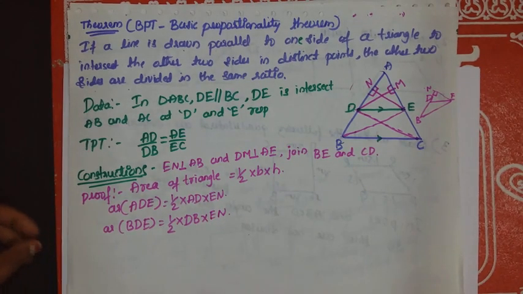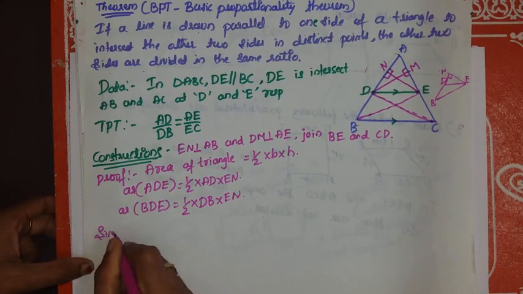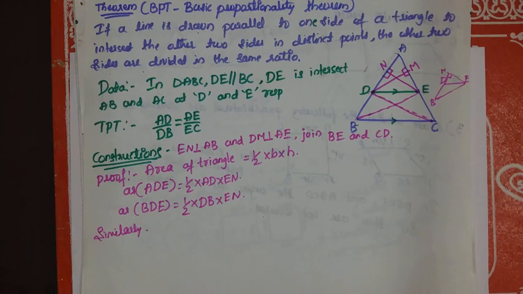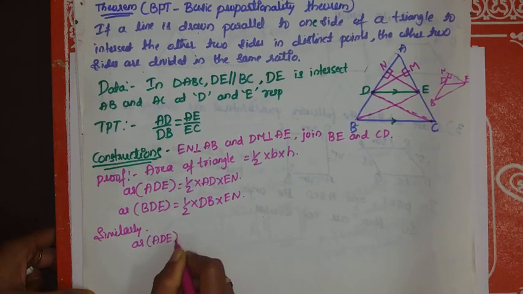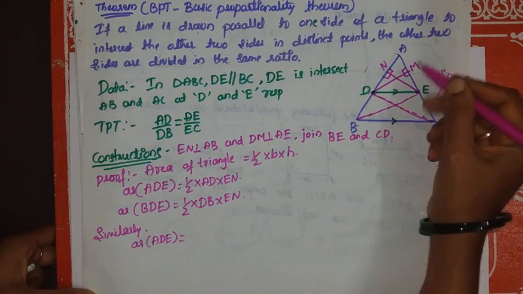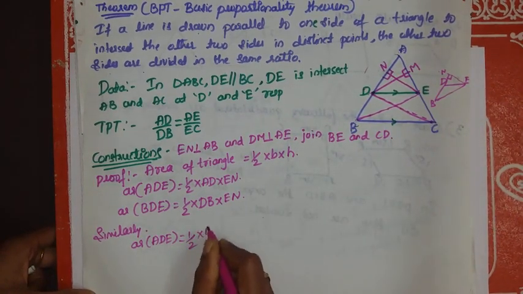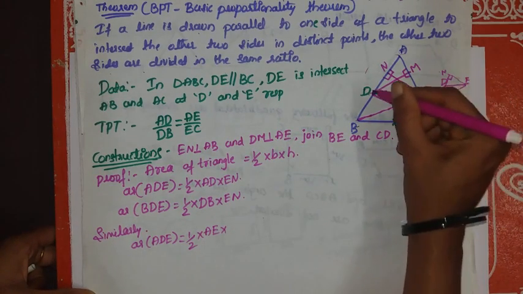Similarly, I take the area of ADE again. I take AE as base, half into AE, then height is DM.